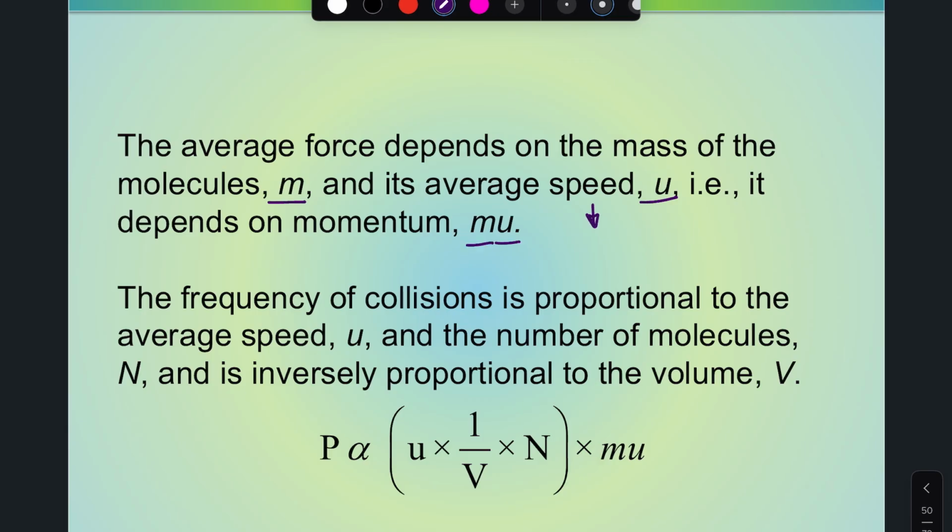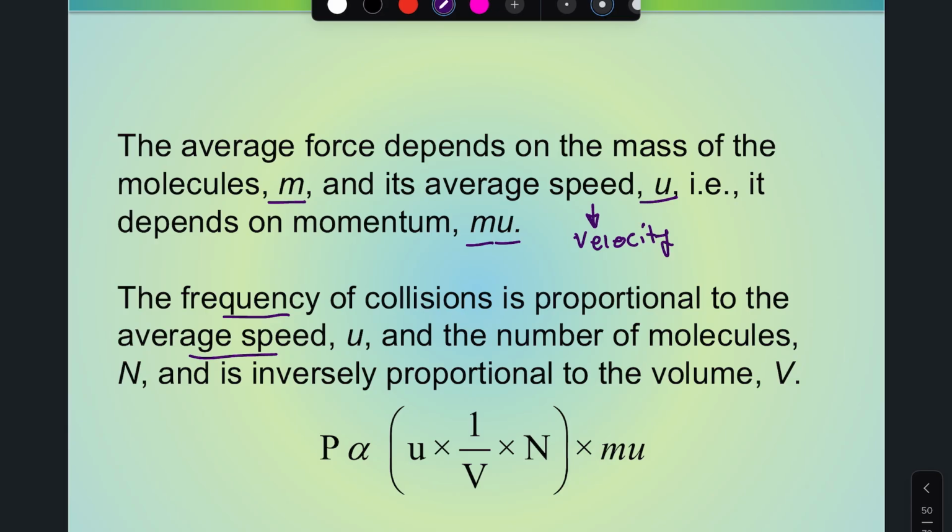Speed and velocity are the same thing, so I might say those interchangeably. That's something good to know. But mass times speed or velocity is going to be proportional to the pressure. So the frequency of these collisions is proportional to the average speed as well.